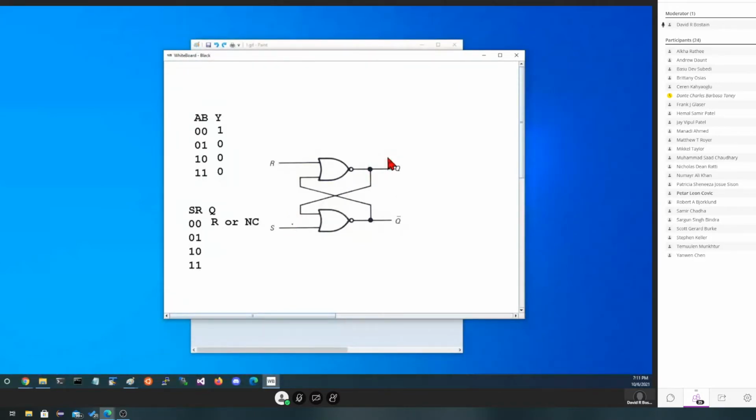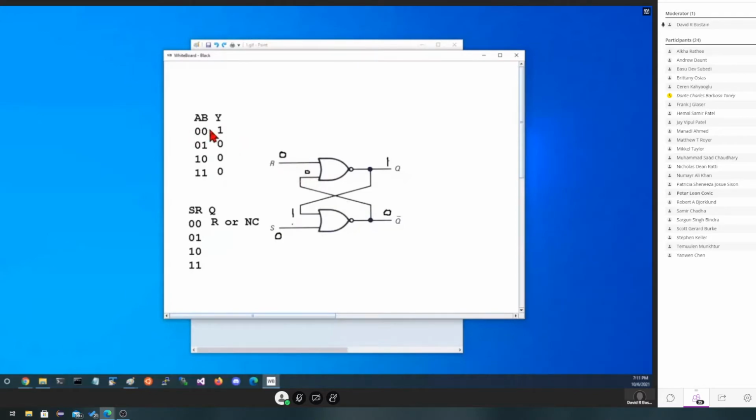So if this is set, and this is not set, because they have to be opposite each other, then this 1 comes back here, and we said there'd be a 0 here, right? Because we're testing the 0, 0 case. And this has a 0 coming back. What did we say about 2 zeros in a NOR gate? Well, that's the only time it has a 1, and it does.